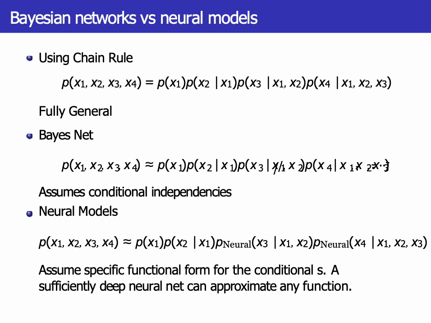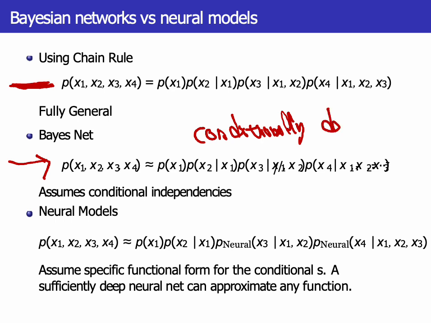These are the variational. Variational means that we determine all the parameters with probabilities. And Bayesian networks are conditionally dependent.